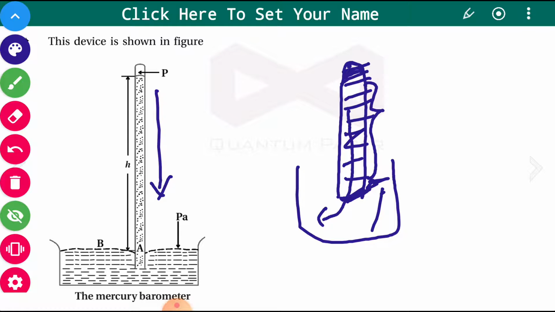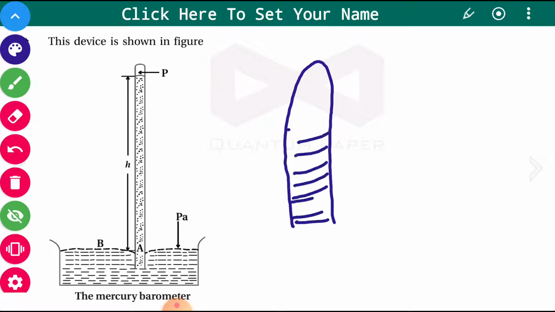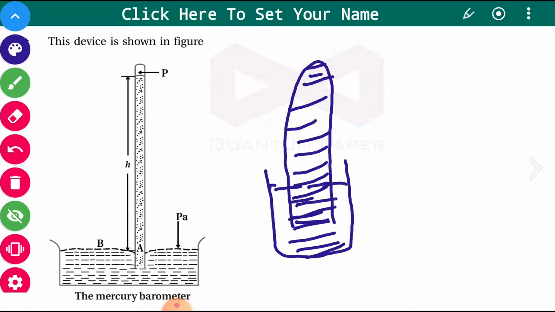When the mercury is coming out, say for example you have this tube completely filled with mercury. Now when you put it in a container having mercury, what will happen? This height will be adjusted by itself. Some mercury will come out from this tube and come into this container.